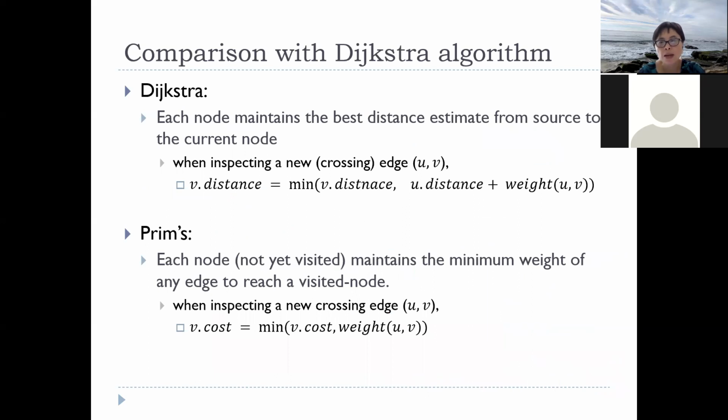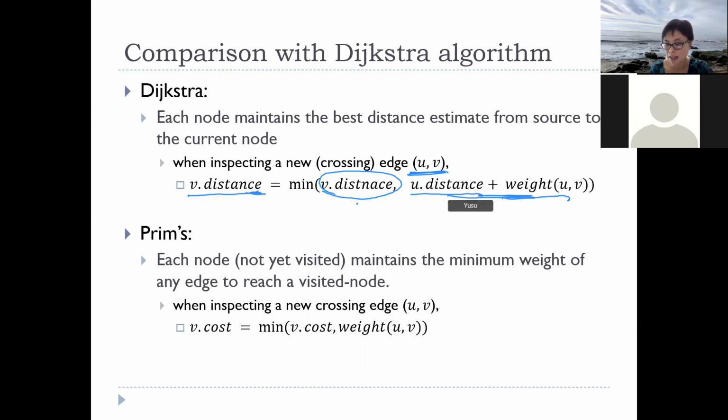Sorry about this. But let me just say one more word, that the Dijkstra algorithm has a lot of similarity in implementation, from the pseudocode point of view, with Prim's algorithm. The only difference is really that in Dijkstra we maintain estimate distance, and in Prim's we maintain estimate cost. The way you update the estimate distance is that every time you check a new edge, the distance will be whatever is smaller: my previous distance versus the new way to reach U plus the weight of edge UV.